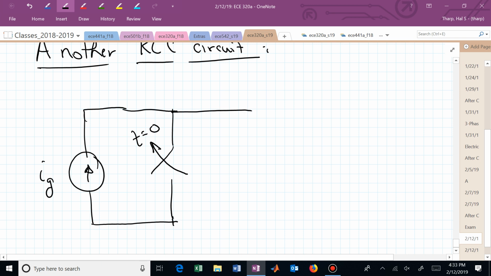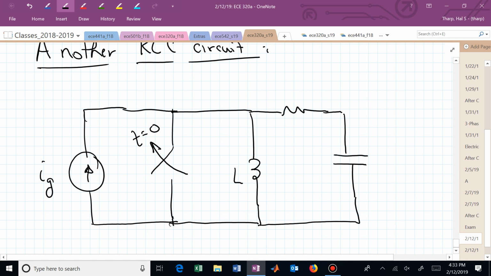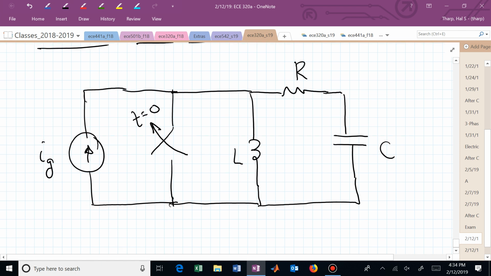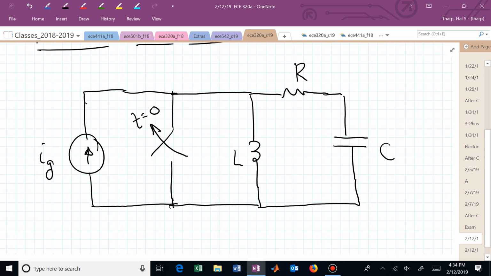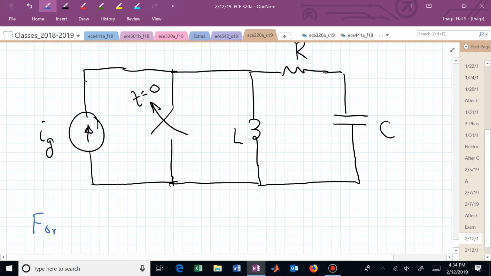Before t equals 0, that switch is closed, and connected to that is an inductor, L, and a resistor, and a capacitor. And we want to model this for time t greater than or equal to 0.